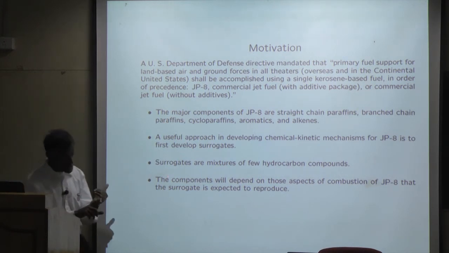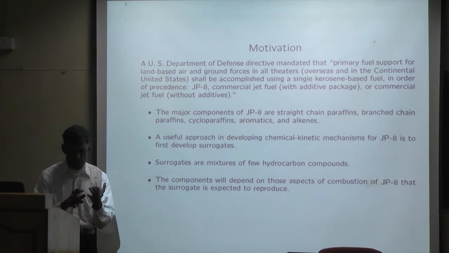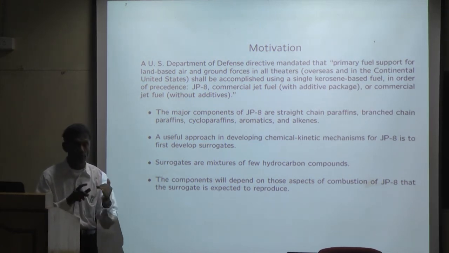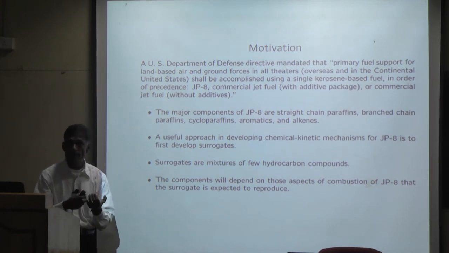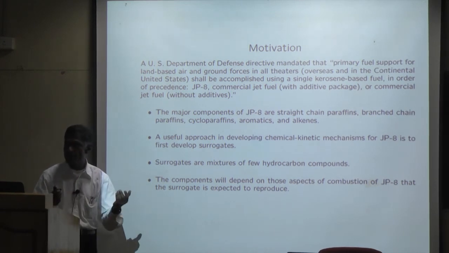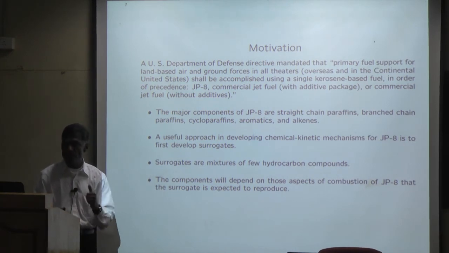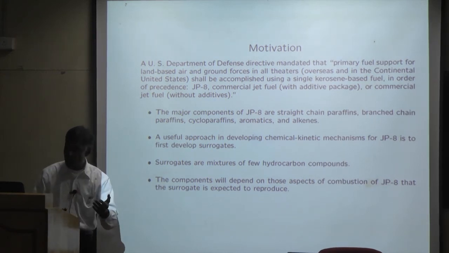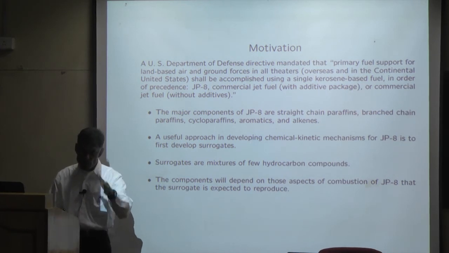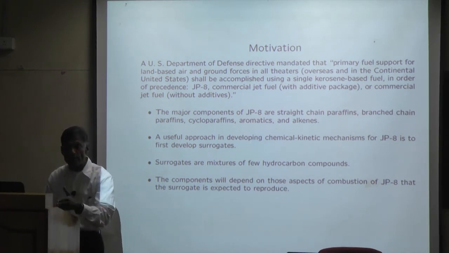Then you want to select. You first have to decide what aspects of the practical fuel you want to reproduce. It could be auto ignition, extinction, flame propagation, or ignition delay. This is something you have to decide on first. Once that decision is made, the second step is to do an experiment with the real fuel and with the surrogate.